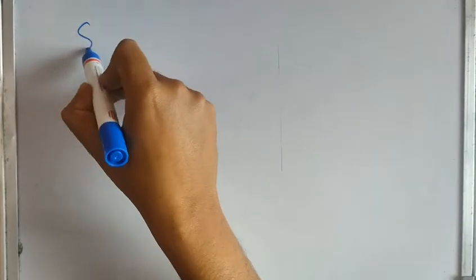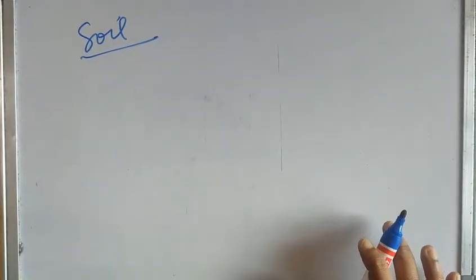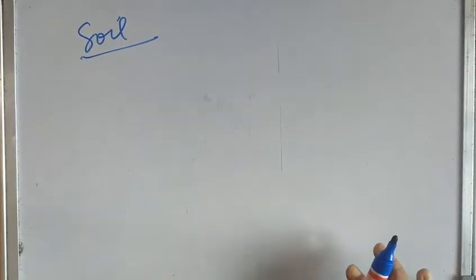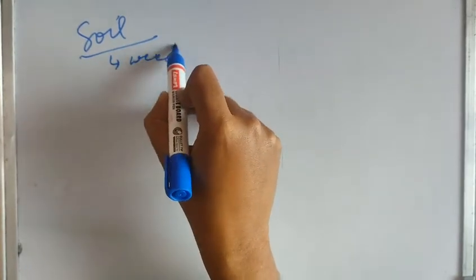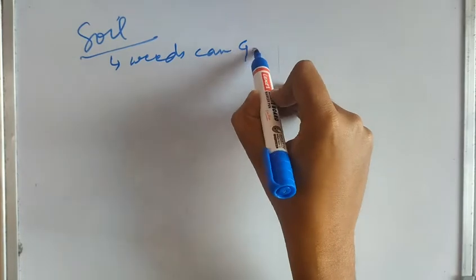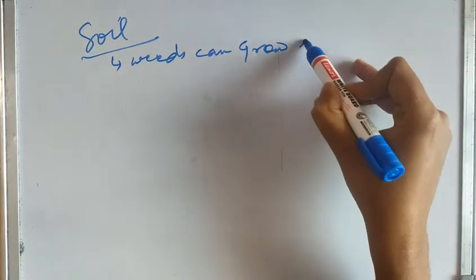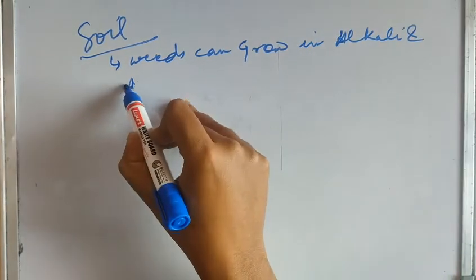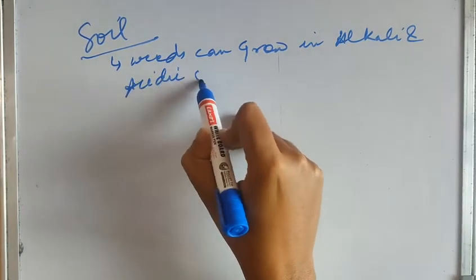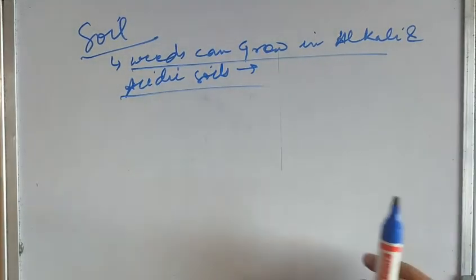Now moving on, soil. Weeds can grow in alkali and acidic environments. So weeds can grow easily in alkaline and acid soils.